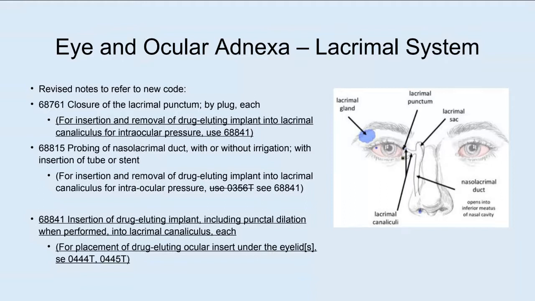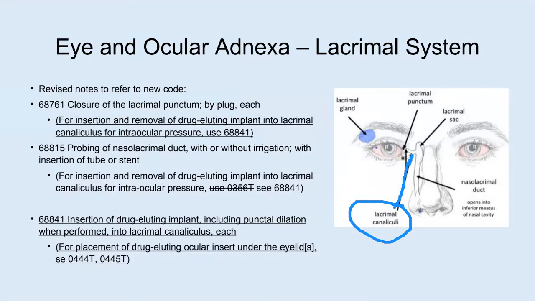So what's 68841? 68841 is insertion of a drug-eluting implant. So an implant that gives off a drug, includes punctal dilation when performed, and it's inserted into the lacrimal canaliculi here for placement of drug-eluting ocular insert under the eyelids.